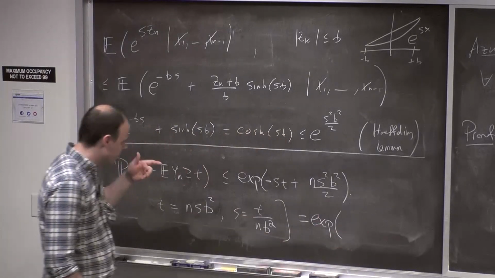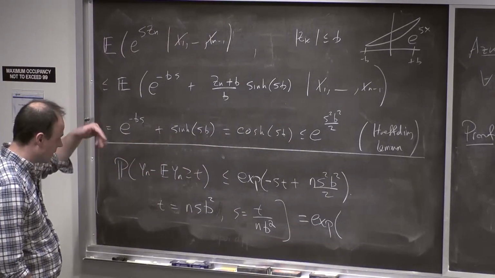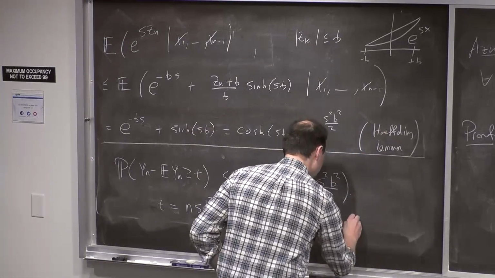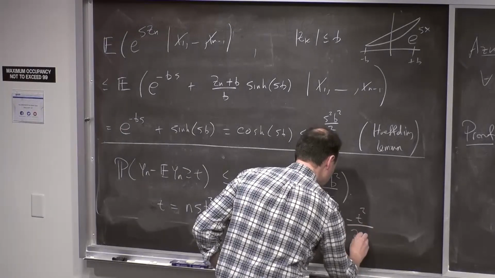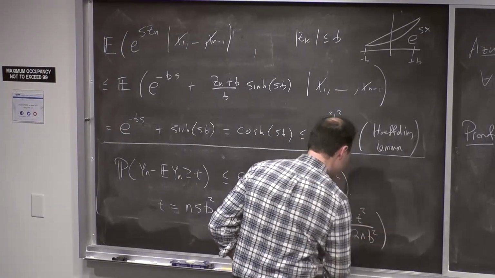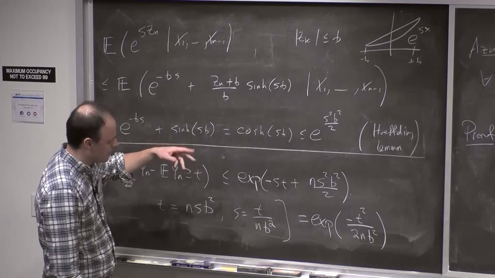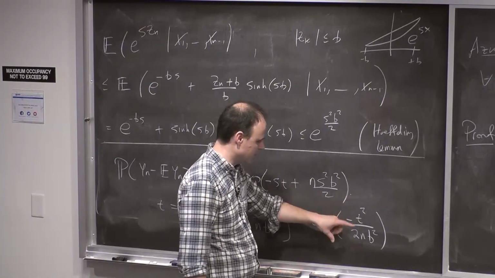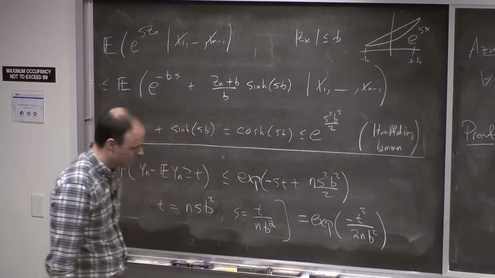If you plug it in, you get minus t squared over nb squared plus a half of that, and you get exactly this, e to the minus t squared over 2nb squared. The reason it's 1 over n is because I didn't put the n inside the bounded differences condition. If you do, you get what you had for Hoeffding before with the n up here.